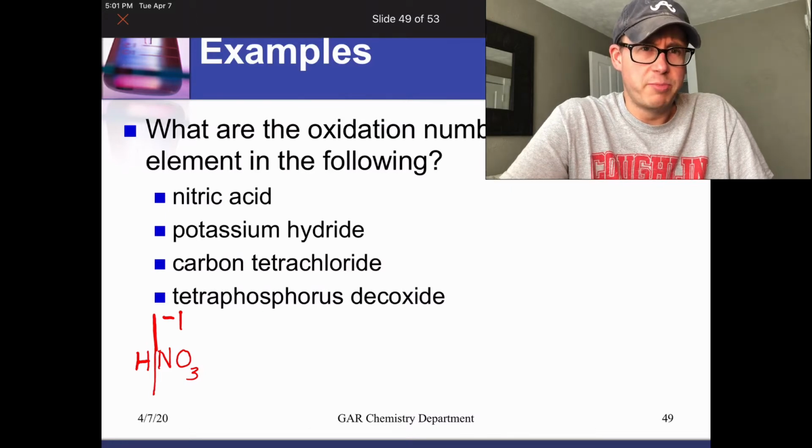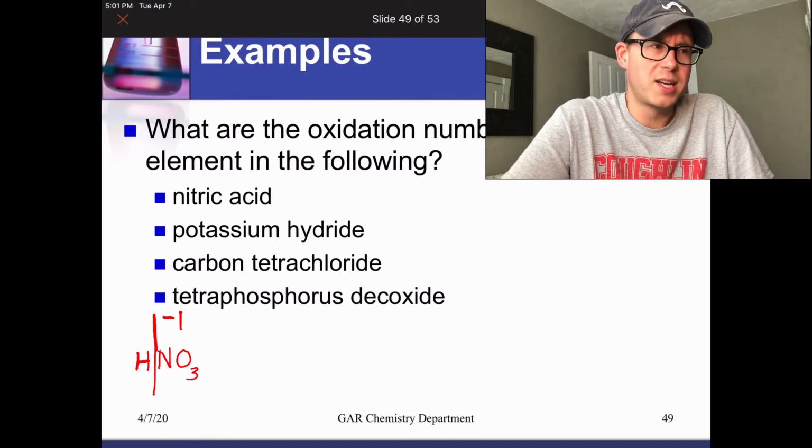Now we go with our special rules: fluorine, oxygen, and hydrogen. There's an oxygen in this compound, and it's almost always -2, unless it's a peroxide or superoxide. That doesn't apply to this compound. So oxygen is -2. We have 3 of it. So that totals a -6 for the oxygens in nitrate.